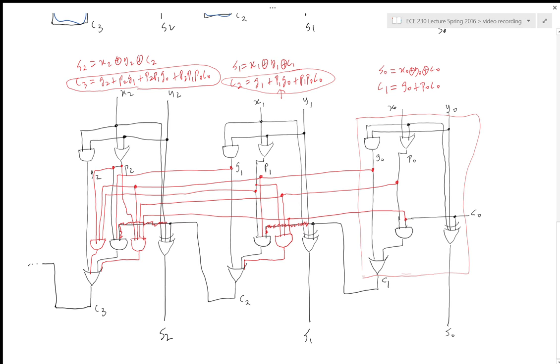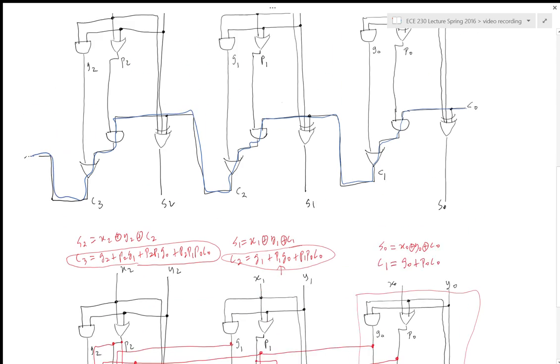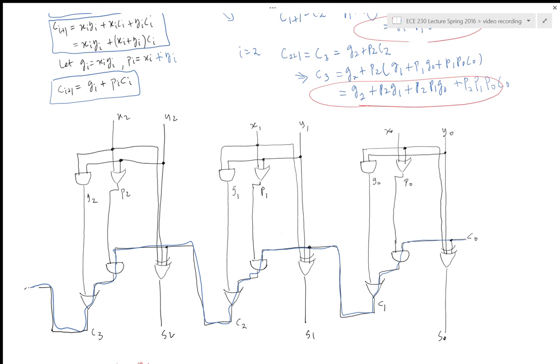Okay, so you can see that right now this is a carry-lookahead adder. It has more logic gates, and each stage basically calculates its own carry in. So extra gates, and this is the original carry chain adder.